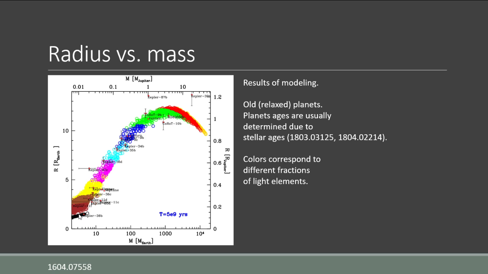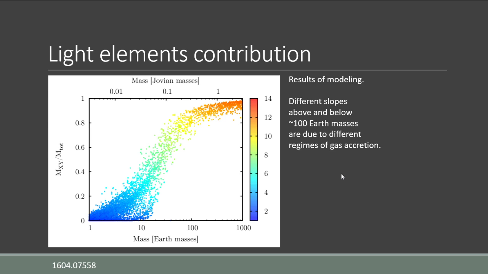And we start with light planets, which mostly are made of iron and silicates. And as we increase mass, we have a larger fraction of ices, shown in blue. And finally, a higher fraction of hydrogen and helium, so stellar elements, shown in red and yellow. Here is a similar plot.